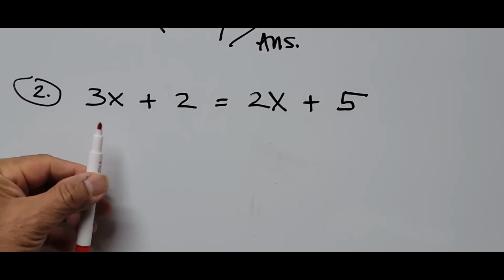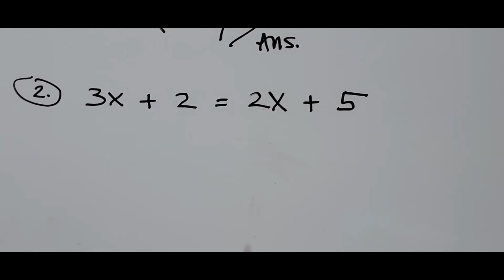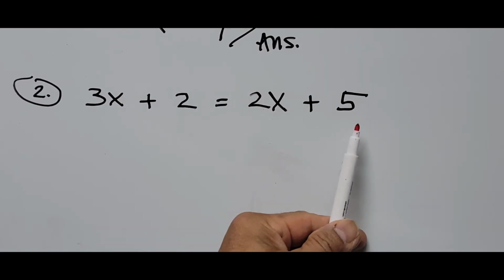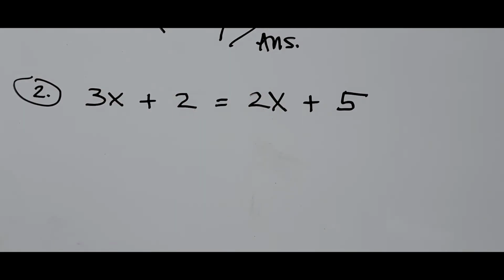Since we have a variable here on the left, we have another variable also on the right. We have a constant here, and the same thing, a constant on the right. So we're transposing both of those, and our aim is to isolate the variable into one side just by itself.